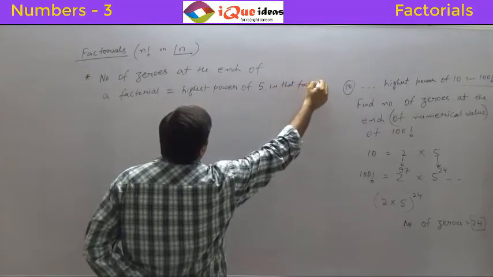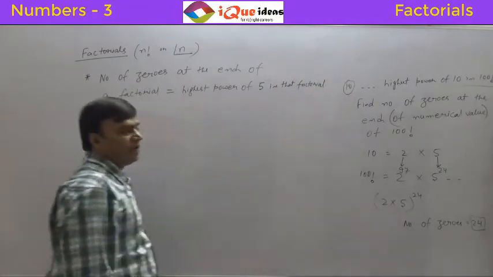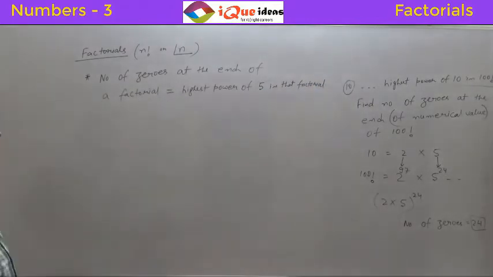But this is only for factorial. In other cases, you will always look for both 2 and 5. But in case of factorial only, you can just look at the power of 5. That will be the number of zeros also.